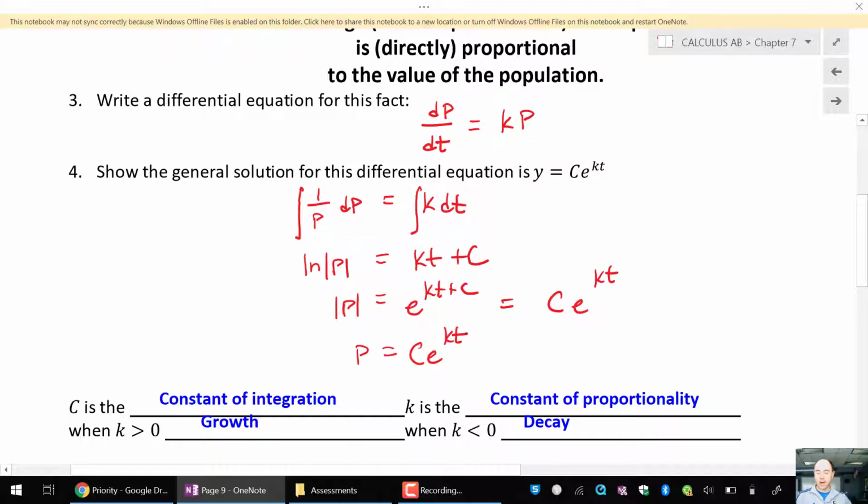We would check the plus or minus on that as well and figure out what the constant of integration would be. But there it is. There's the solution. So if dP/dt is directly proportional to the value of the population, we can just jump right to that expression of y equals C e^(kt).